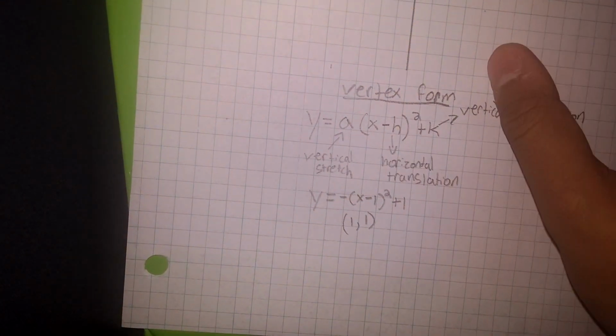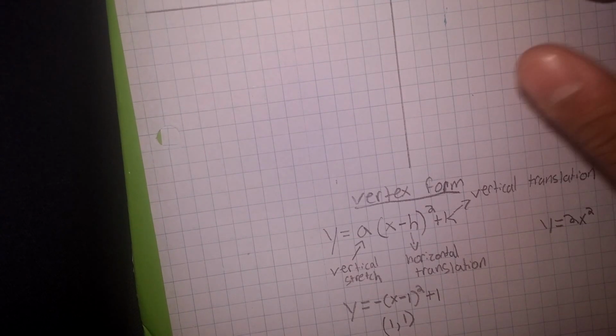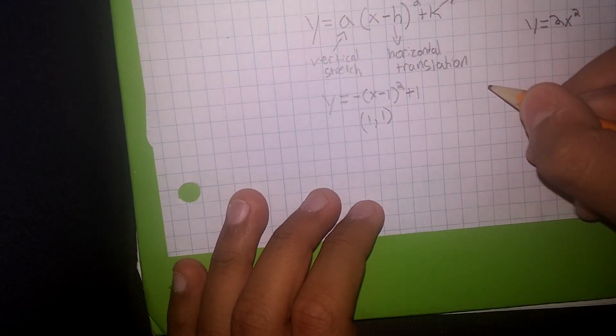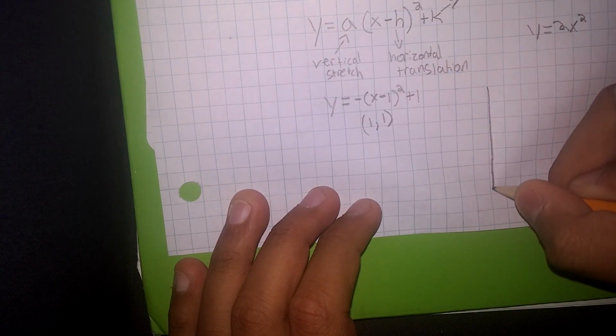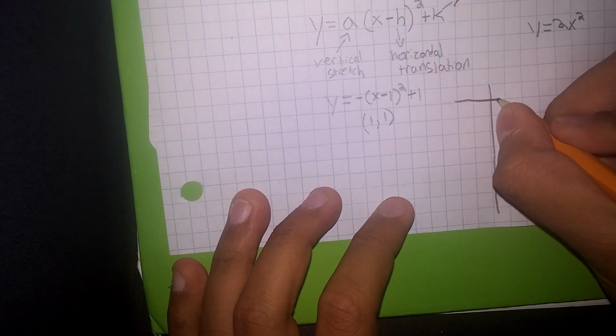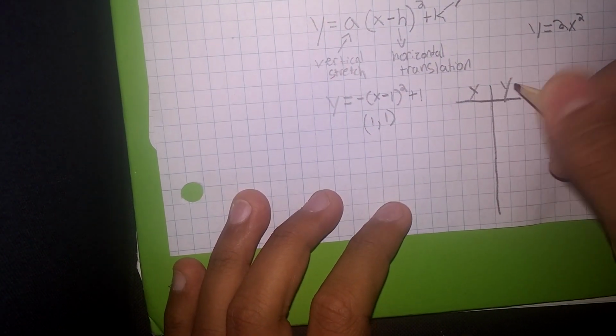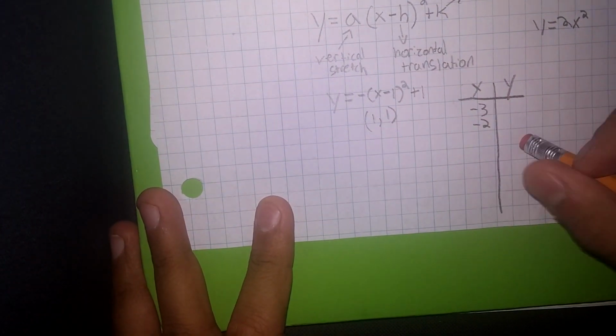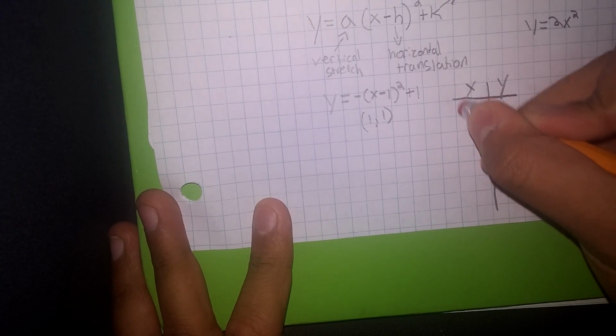And let's go ahead and just solve for it. Let's make a table of values, actually, just very quickly. X, y. Oh, well, I just realized something.